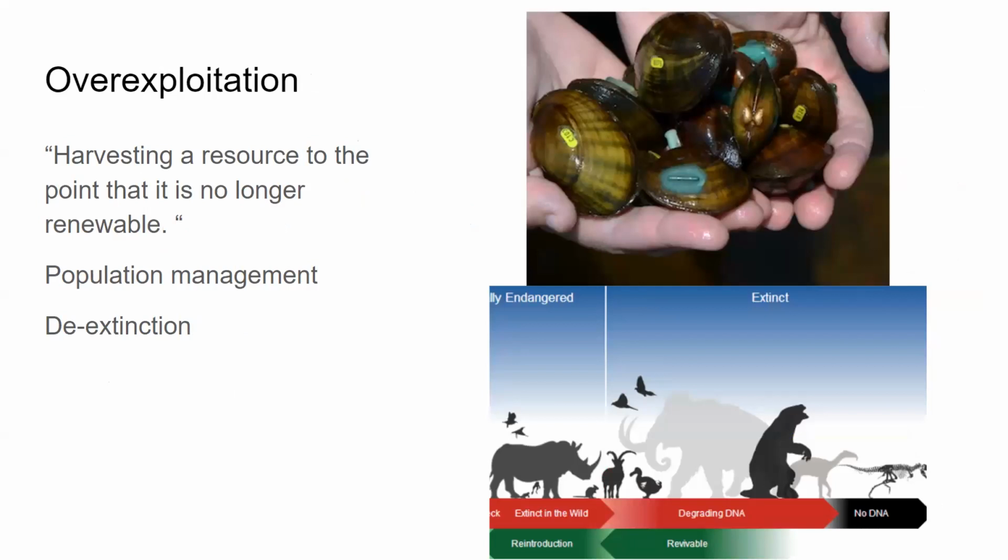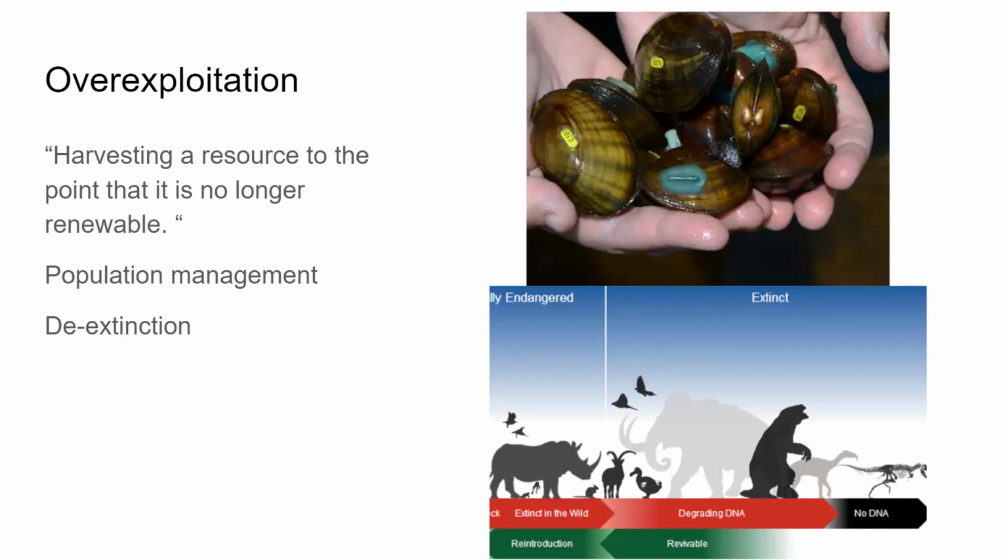Overexploitation, again, as Kayla had mentioned, is just harvesting or hunting of a specific species, plant or animal, until the point where they cannot maintain their own population in the wild any longer. A big example of that is with the shellfish populations, especially the freshwater mussels.